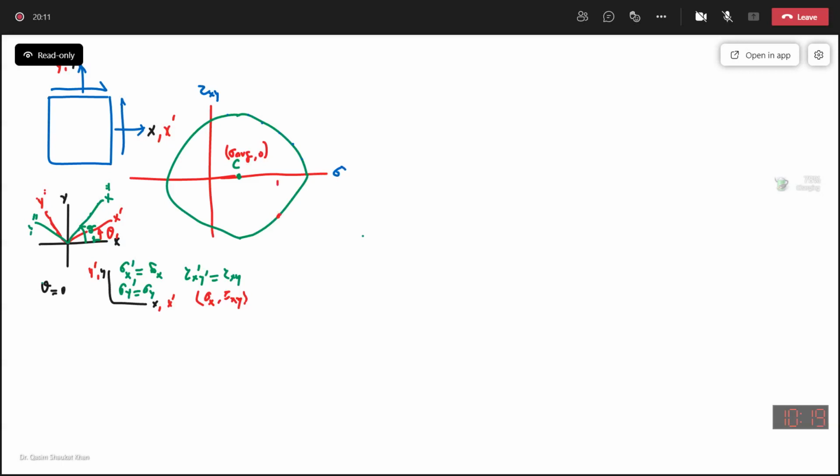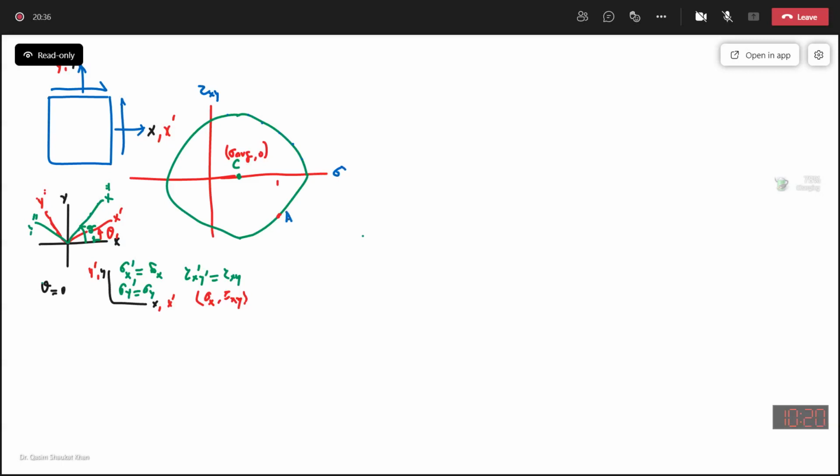This is our reference point A, because you will be given the plane stress conditions, means sigma x, sigma y, tau xy will be given, and then you will be required to calculate the principal stresses, shear stresses and average normal stress.